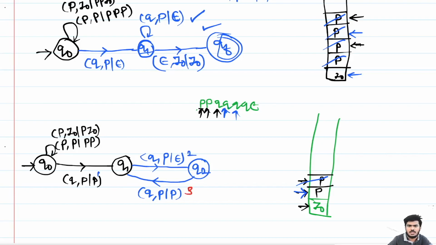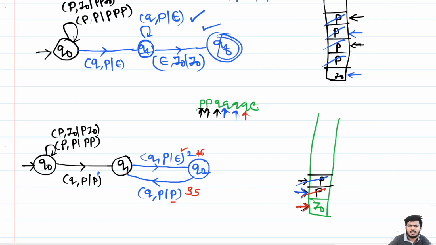When the fourth Q occurs, I will move to that particular state and do this popping, and I will update the top of the stack. Whenever the fifth Q occurs, I will go to this particular state because I left that P as it is, because for odd numbers we don't want to pop that particular P from the stack. Whenever an even number of Q's occurs, then only I will do the popping. So this way we can do the popping.